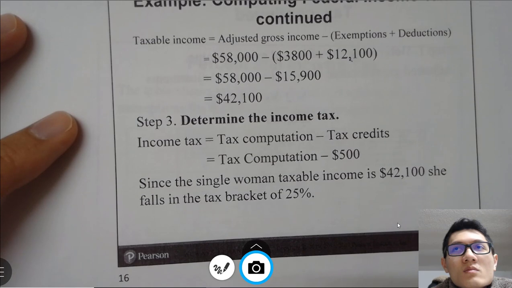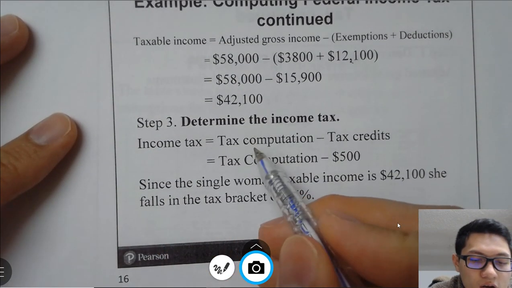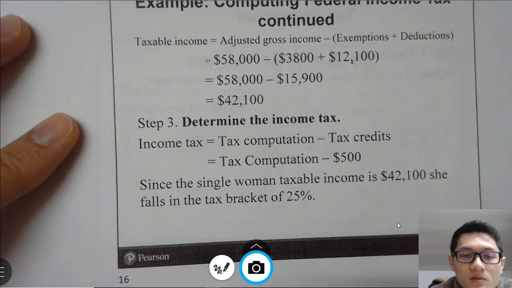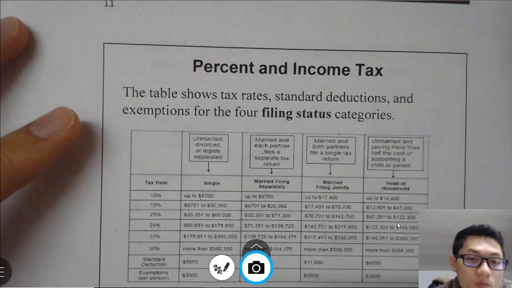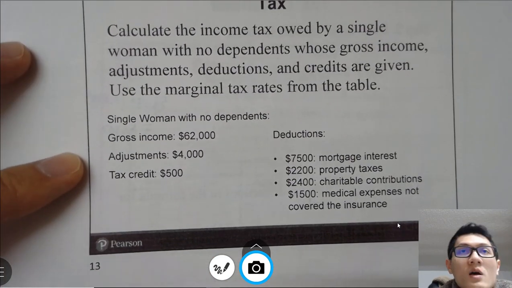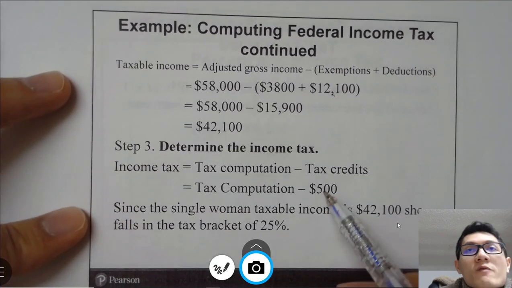The tax credit we were given in her problem, 500. Okay, so it's given from the problem. So now all you have to do is find the tax computation.